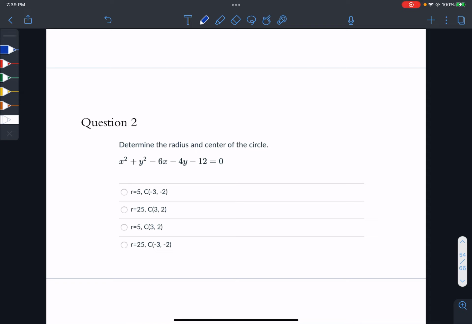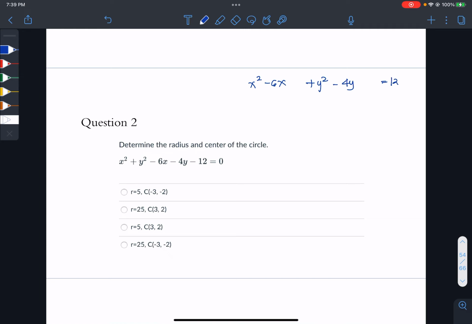So kahit dun sa mga other conic section. What we need to do first is group them according to the variable. So we'll have x squared minus 6x, tapos plus y squared minus 4y is equal to 12, so I'm going to transpose it.